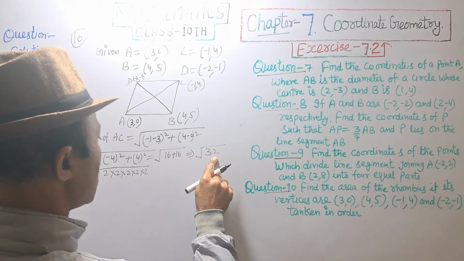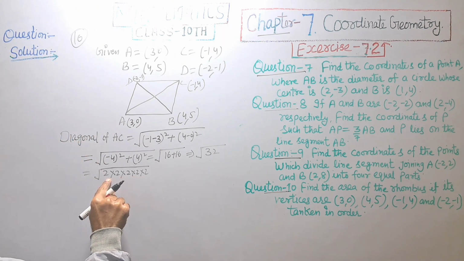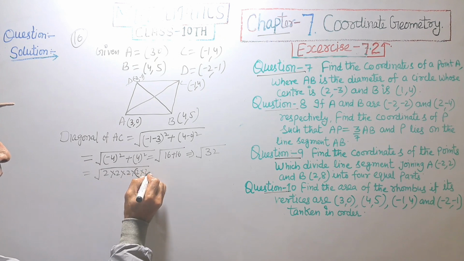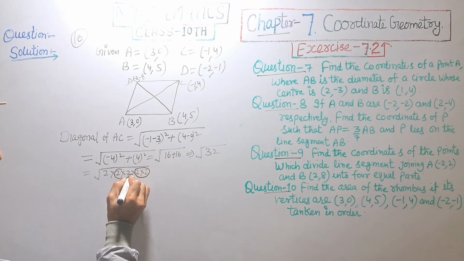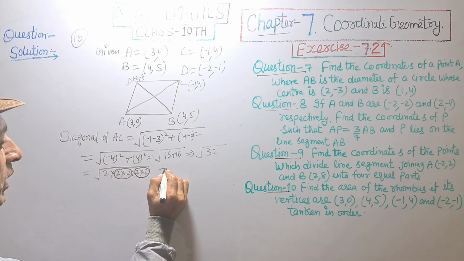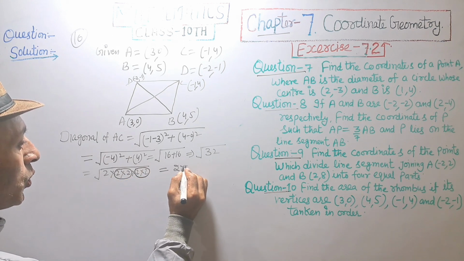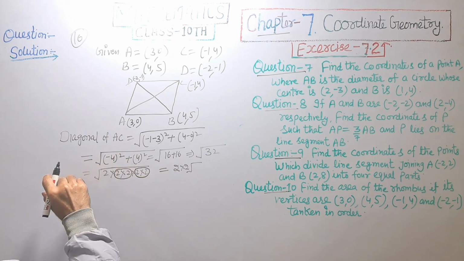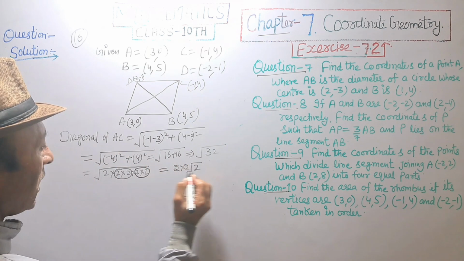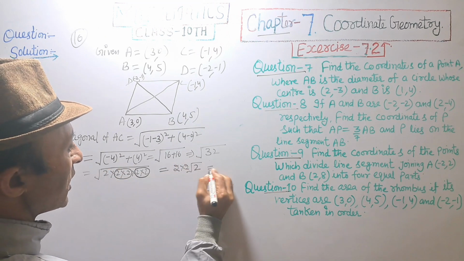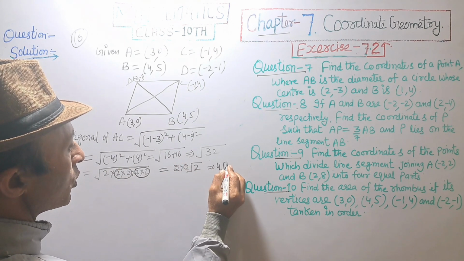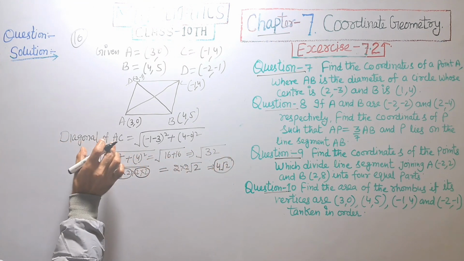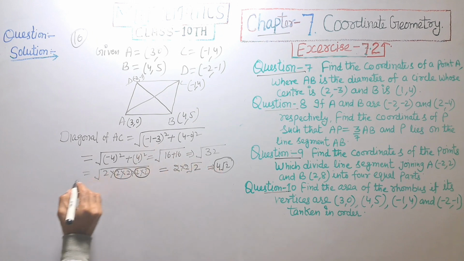It is 2 multiplied 5 times, but taking a pair of 2 out of the root, that is 2 into 2 into root 2, which is 4 root 2. So by the distance formula, AC is equal to 4 root 2.